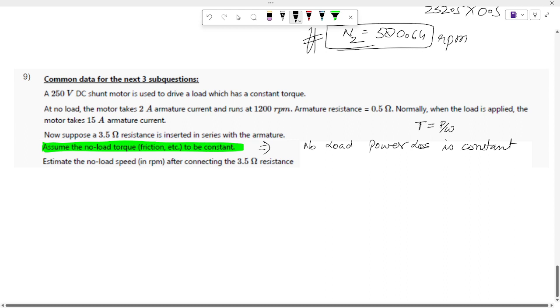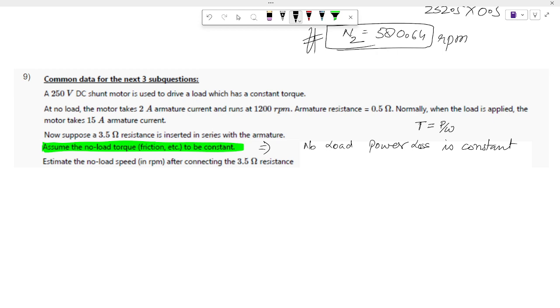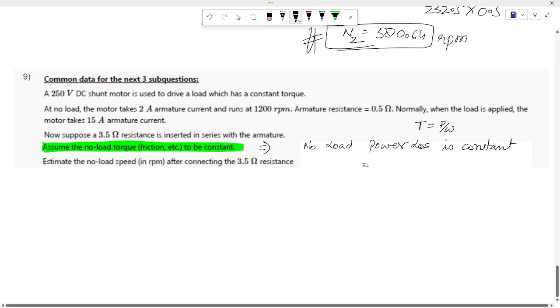Sir, the no load current of the armature will be constant. Yes, the no load armature current will be constant. Then you will see just now when we will start to solve.